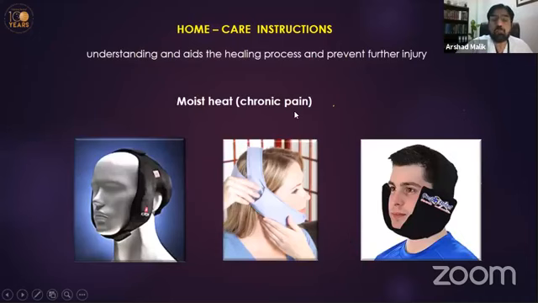Because these chronic pains have more muscular spasm as compared to acute pain, we prefer moist heat application. So there should be muscle relaxation and more healing, and the vascular supply should be increased.